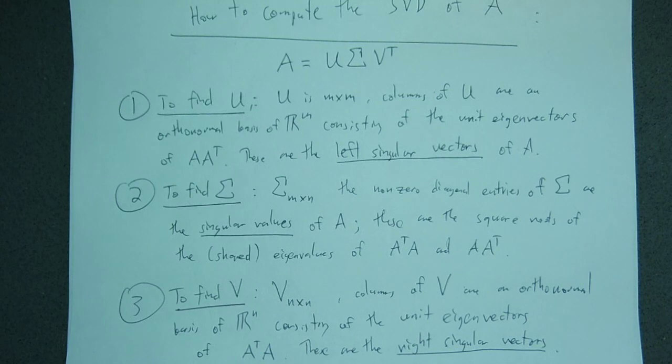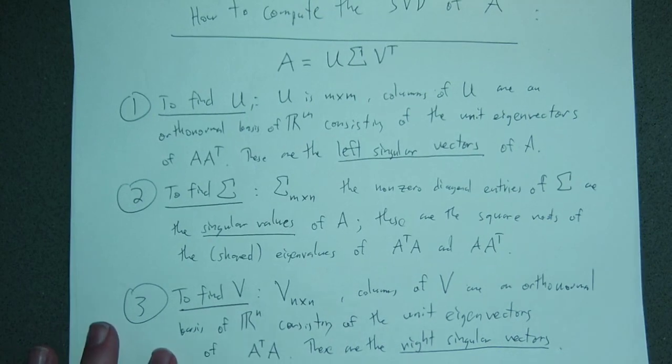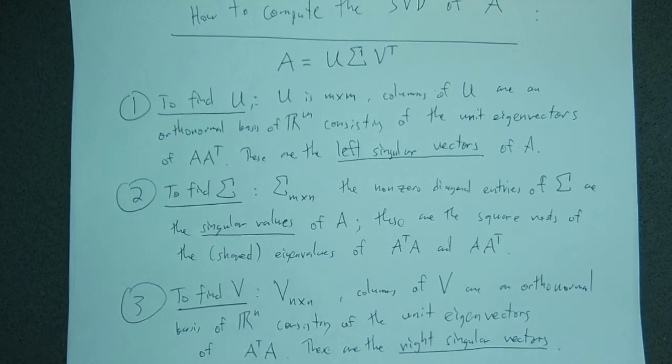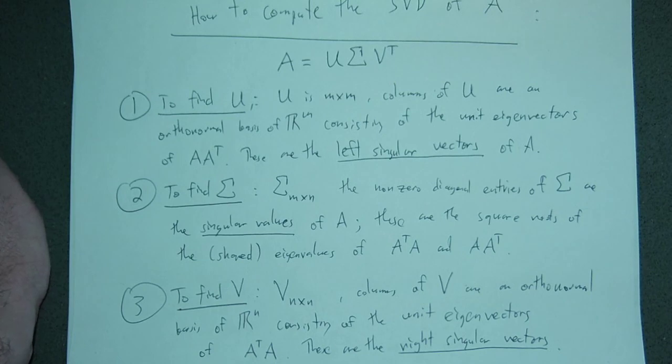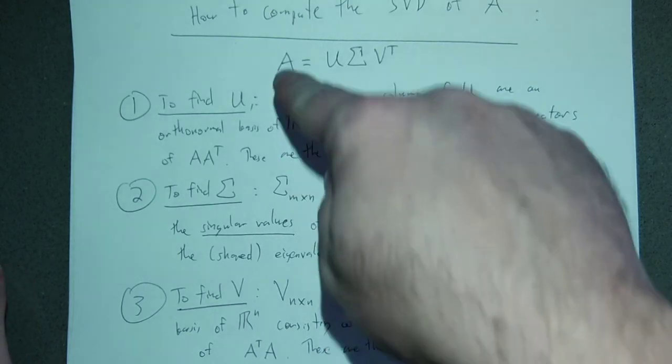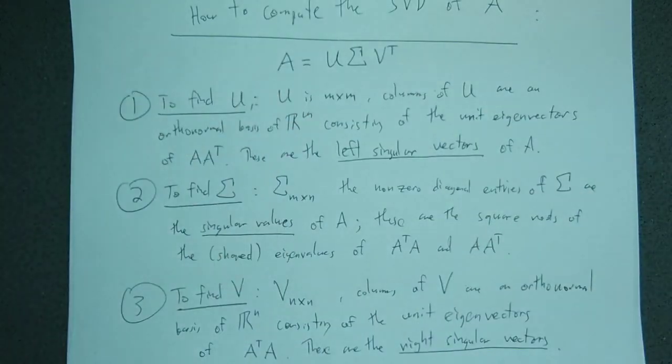Now, there's a note here that says that typically the singular values are arranged in non-increasing order. This is similar to how diagonalization worked. If you remember, there was no requirement that you order the eigenvalues in any particular way when diagonalizing a matrix. You didn't even have to group the eigenvalues that had multiplicity greater than 1 together. If you had an eigenvalue with multiplicity 2, say 1, 1, you could have broken those values up and had them separated along the diagonal.